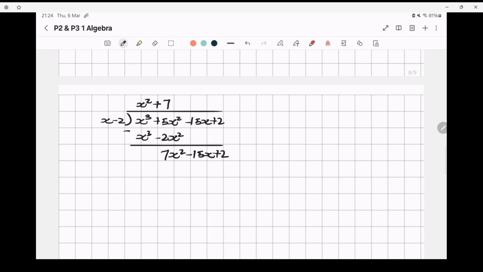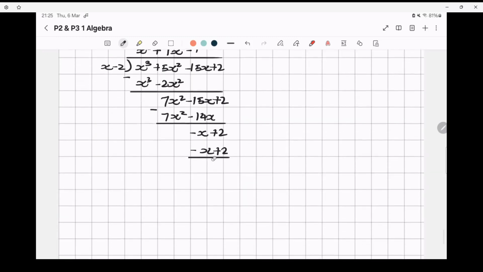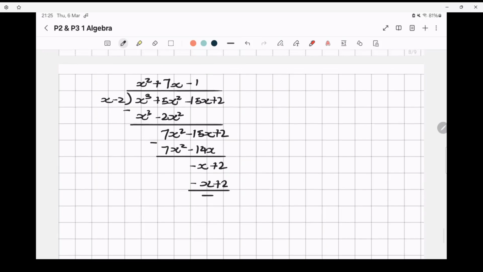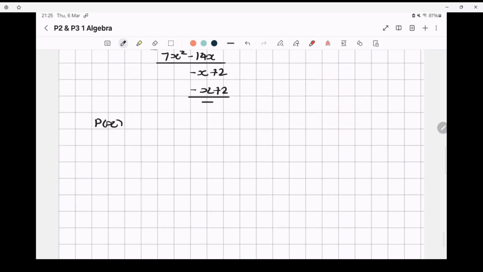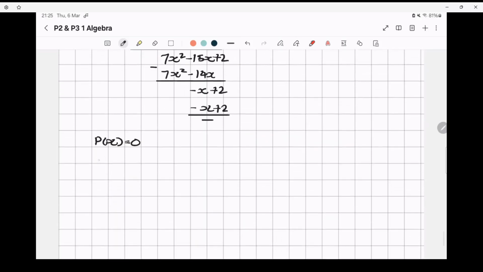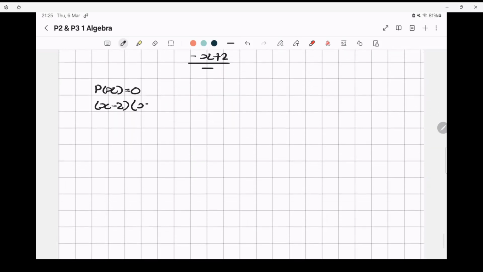So you multiply with 7x. So you have minus x plus 2. So you have minus 1. So then your px equals 0 results in x minus 2, x squared plus 7x minus 1 equals 0.